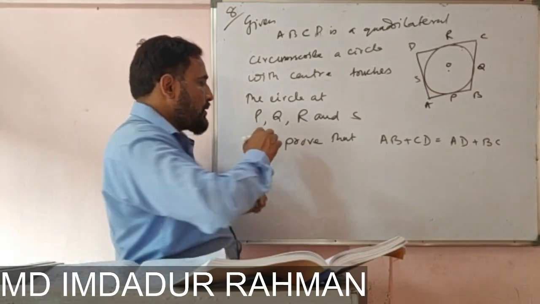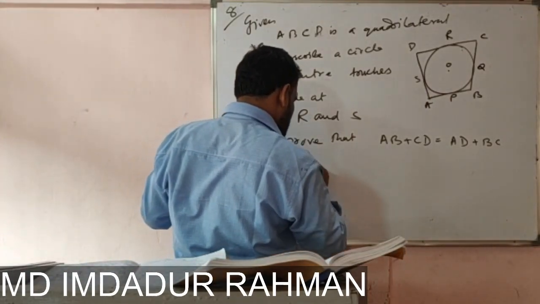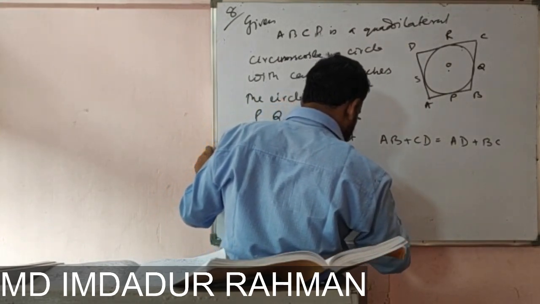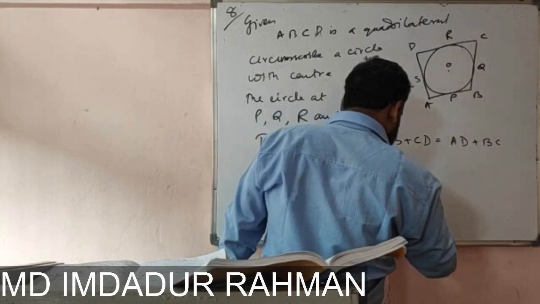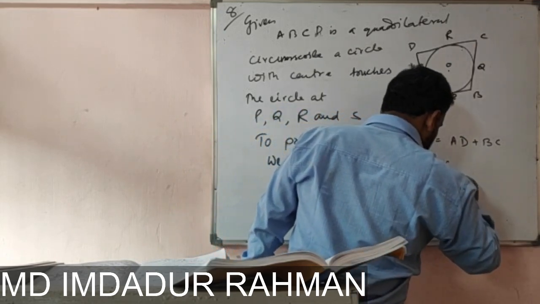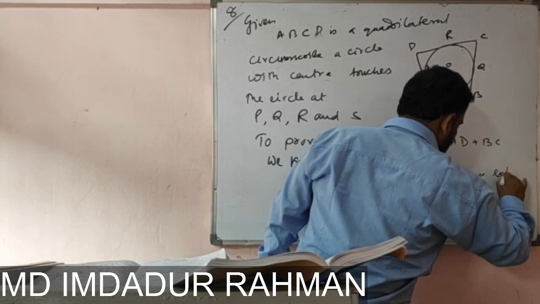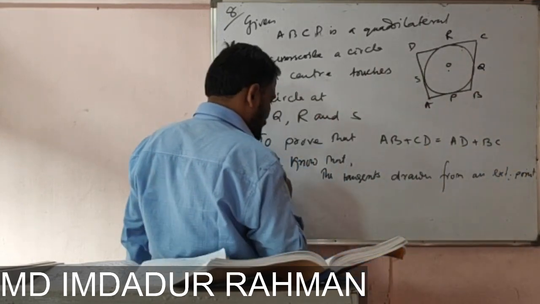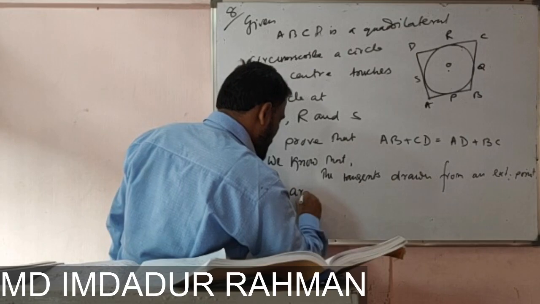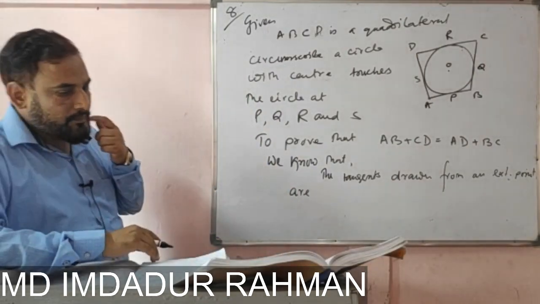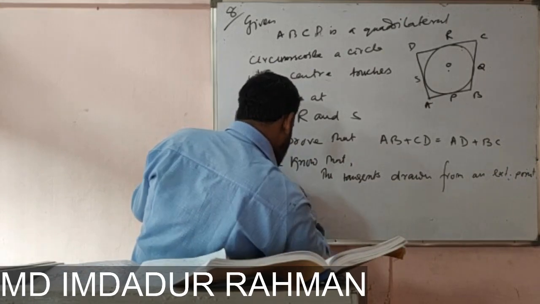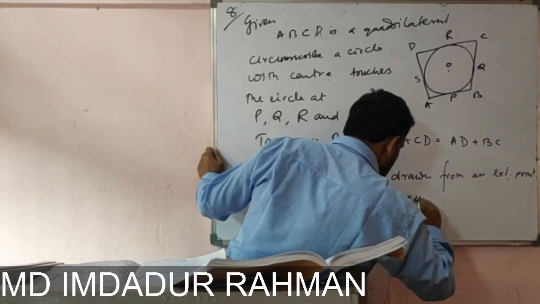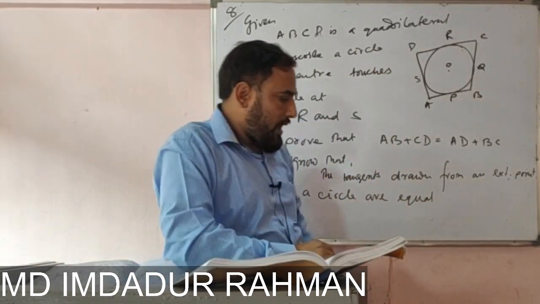Right here we know that the tangents drawn from an external point of a circle are equal.